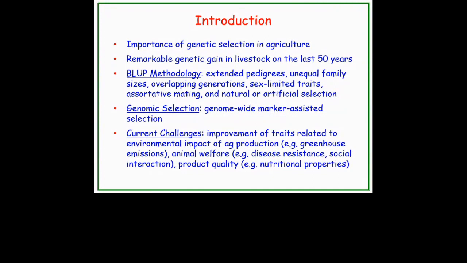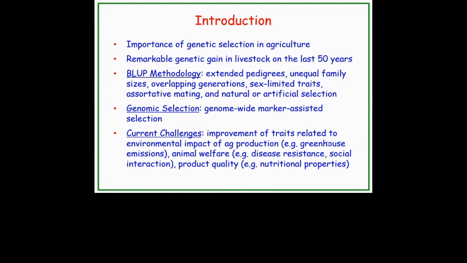One is the invention of mixed models and BLUP methodology that we can work with, especially in livestock. We have these complex pedigrees, completely unstructured data, unequal families, overlapping generations, and selection is going on and so forth. So actually we can accommodate all this using BLUP methodology.